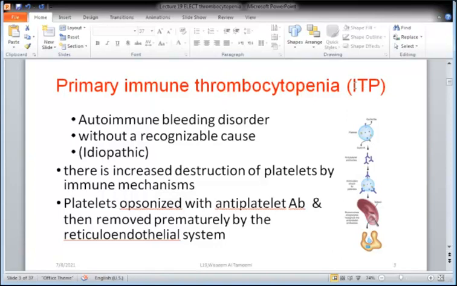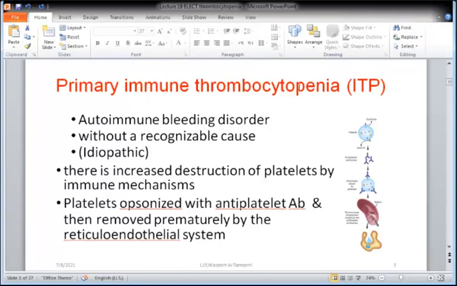ITP comes from I for immune, TP for thrombocytopenia. Previously they used to say I from idiopathic, but since there are some causes of immune thrombocytopenia with a non-underlying cause, therefore they replaced the term idiopathic thrombocytopenia with immune thrombocytopenia, and they classify immune thrombocytopenia into primary immune thrombocytopenia, which may be idiopathic, or secondary immune thrombocytopenia, which may be induced by different underlying causes.